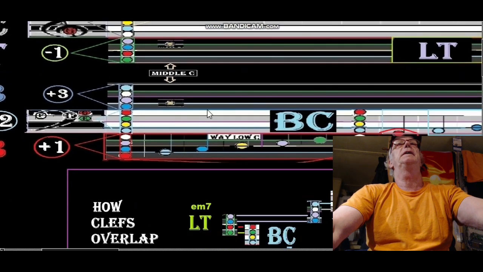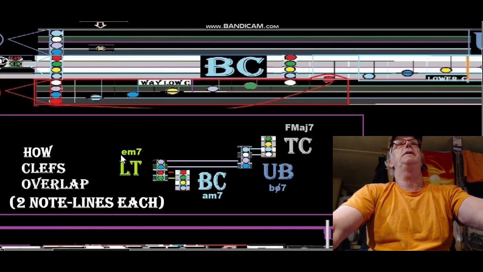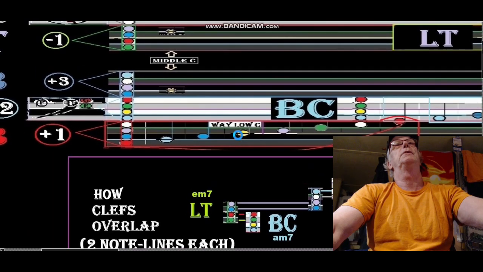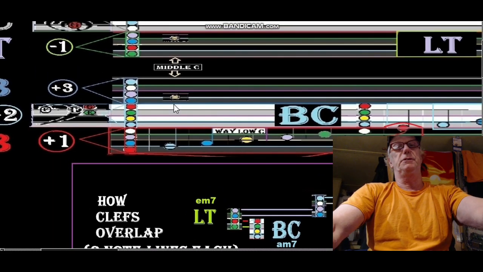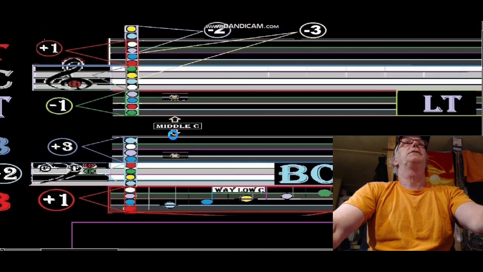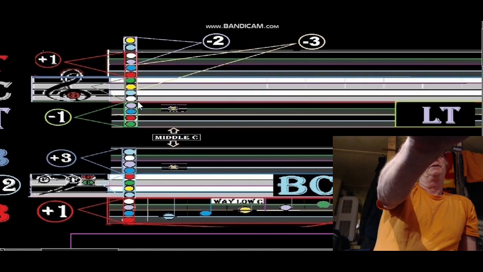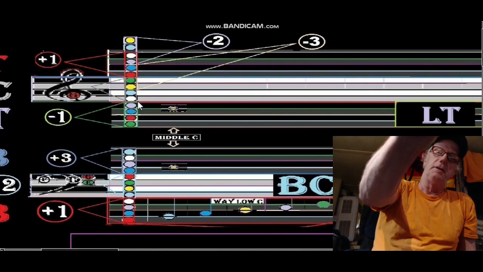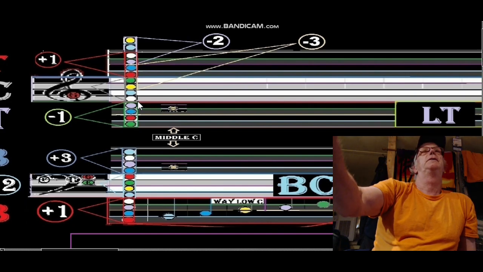And then you start over again with the E minor 7th here. 2 line notes, two notes per line there. So you've got the in-between, the line-through notes. Then you've got the E minor 7th. It goes through middle C. You've got the F major 7th goes through upper C, and then we have another G on top.